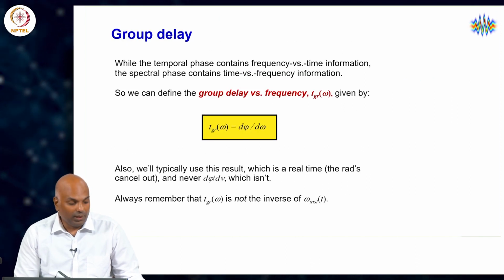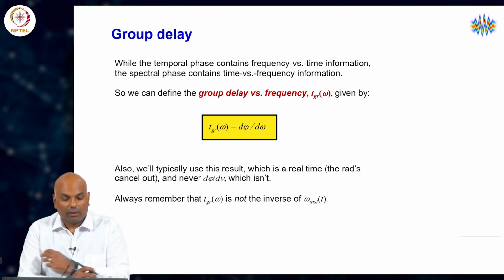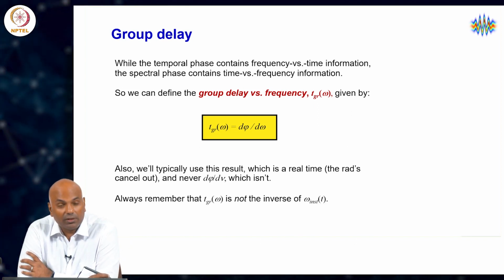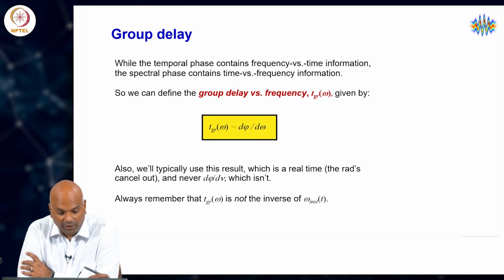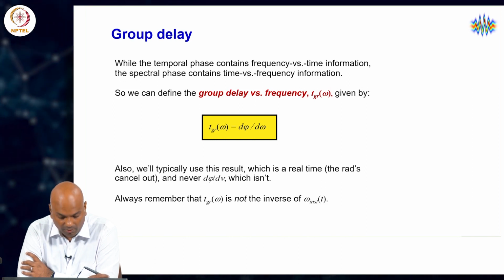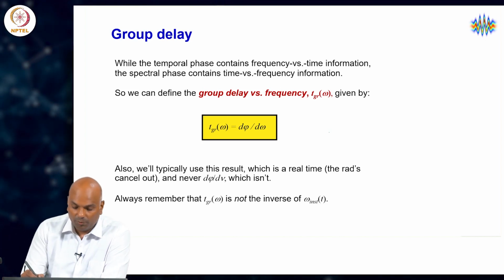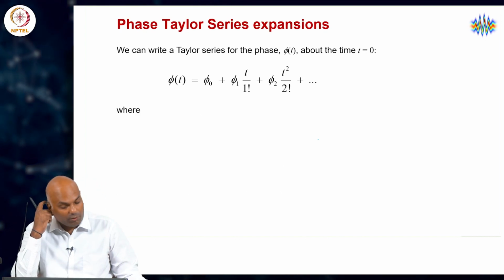And group delay is essentially the converse of the factor d phi by dt we have in the instantaneous frequency, and here group delay is d phi by d omega.